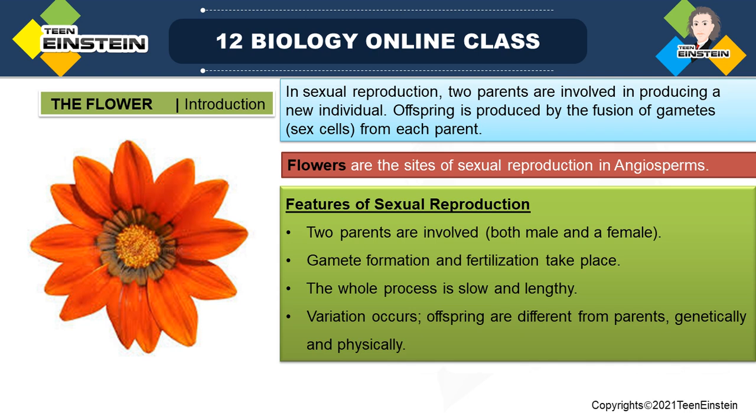The features of sexual reproduction are, first, two parents are involved, the male parent and the female parent. The male parent will produce the male gamete and the female parent will produce the female gamete. So gamete formation is one feature, and fertilization is another feature of sexual reproduction.